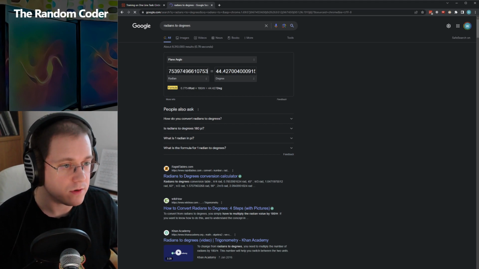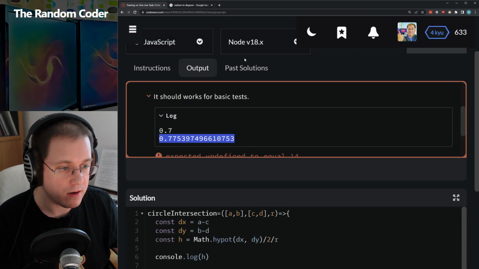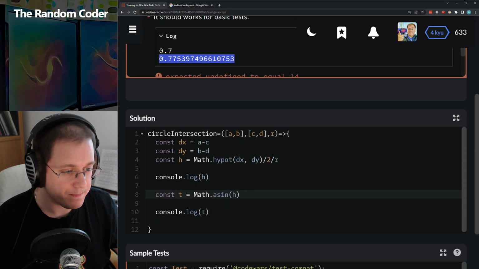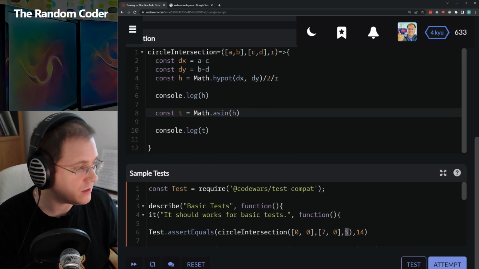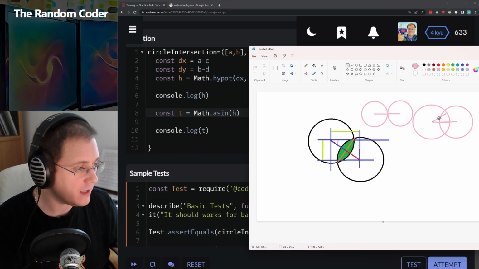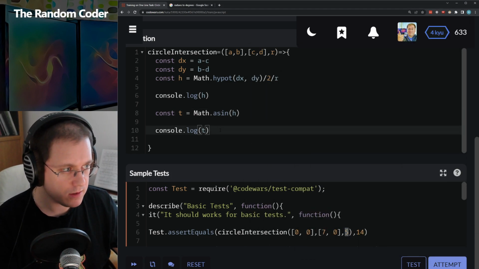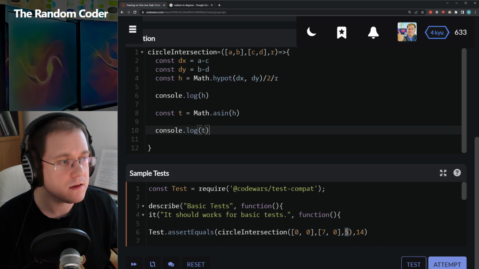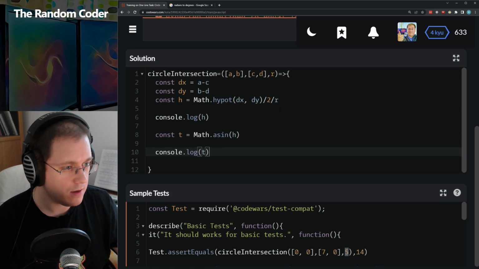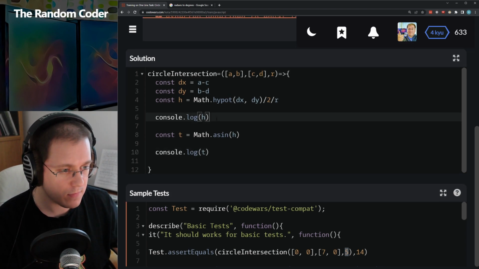Okay, so 44 degrees. Okay, which is roughly in the area of where we think it should be. Based on the diagram that we drew over here, that's about 40 degrees. Okay, so I think we're roughly on track here. Let's keep going.